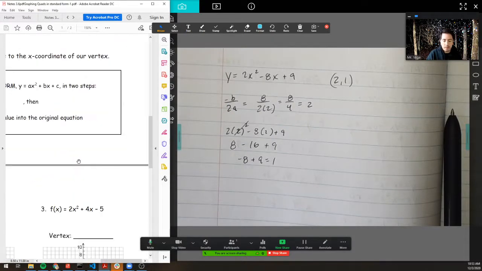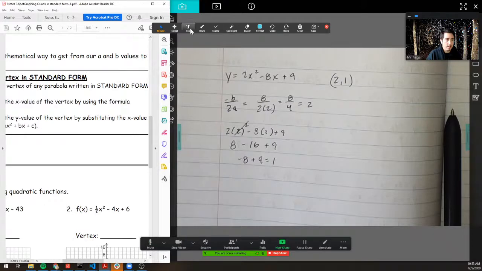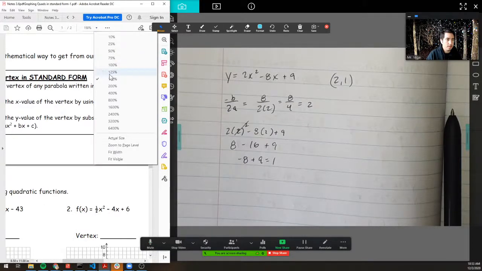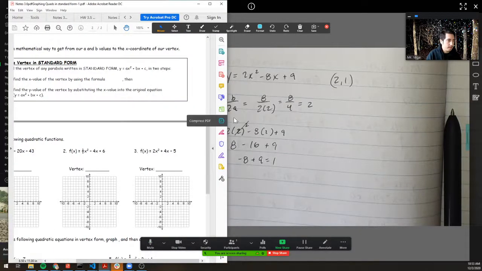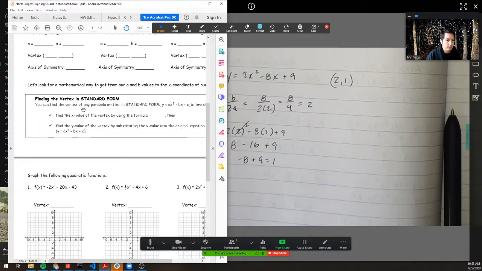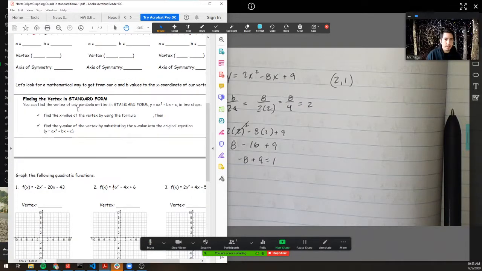What's in the notes here? Let me zoom out a little bit. What they're saying in this little box is essentially what I already said about the -b over 2a. You can find the vertex of any parabola written in standard form in 2 steps.